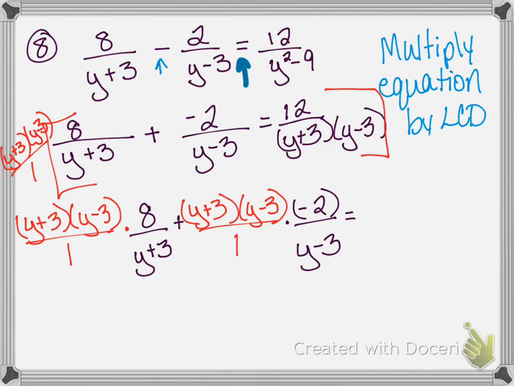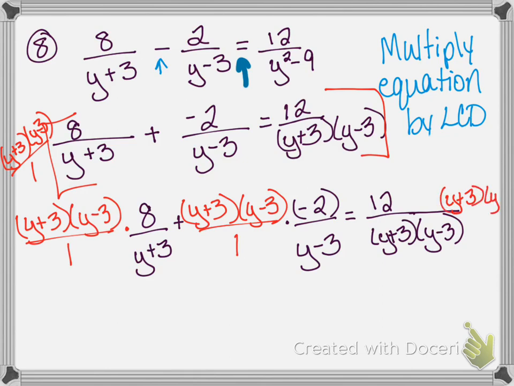So now I have 12 over y plus 3 times y minus 3, and I am multiplying that times y plus 3, y minus 3 over 1. So now we are going to get to cross some stuff out, which is what we want.